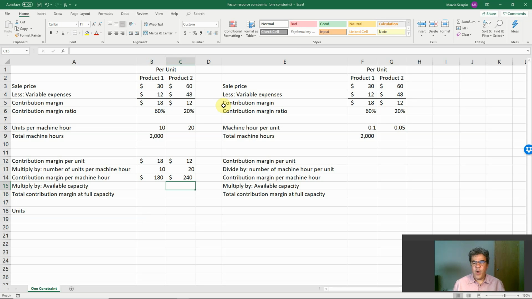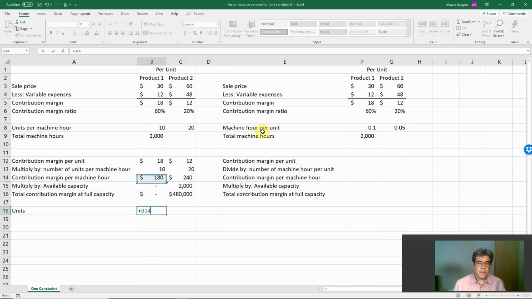And how much is our maximum contribution margin? Let's produce only product 2, so let's work with the 2,000 hours for this product. So our contribution margin at full capacity is margin per hour times number of hours: nothing for product 1, 240 times 2,000 machine hours, 480,000. So how many units are we producing?